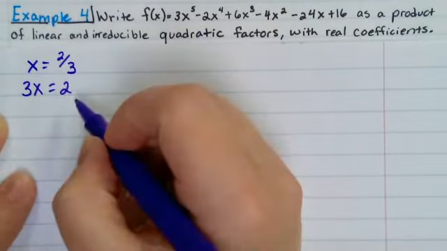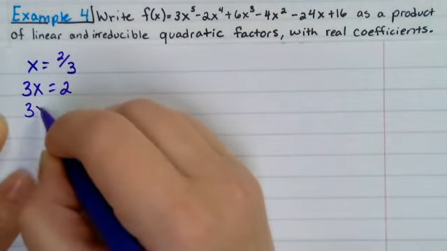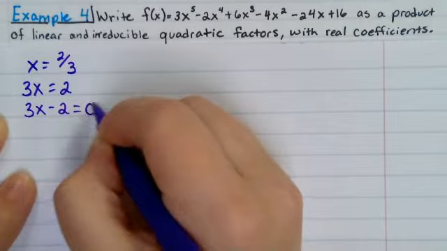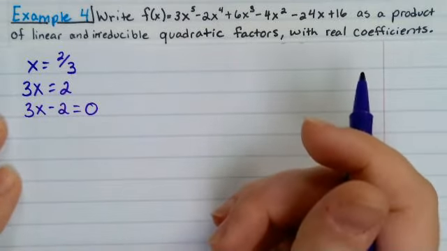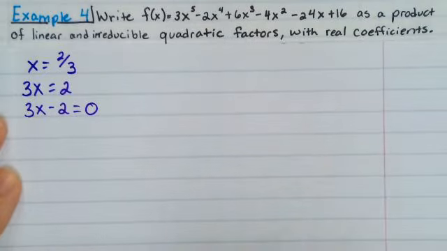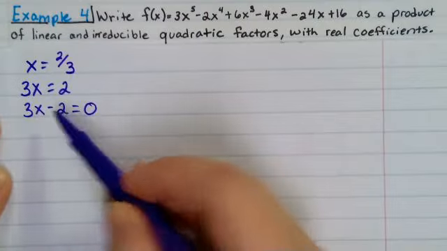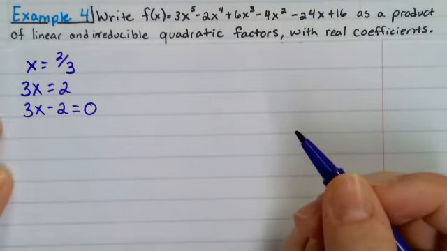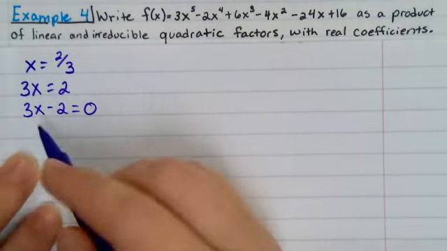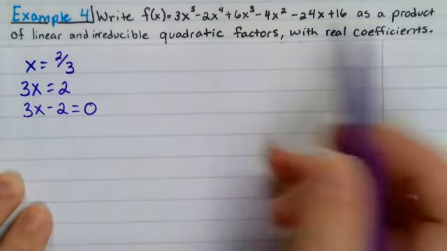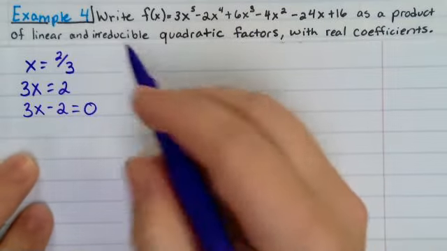And then if I were to subtract 2, 3x minus 2 equals 0, that would work as a nice little factor for this thing. Okay, so if I know it hit the x-axis there, this is a nice little factor for my problem. And what we can do is to figure out how to break it down, we can take this and divide it into my original problem. So that's what I'm going to do.